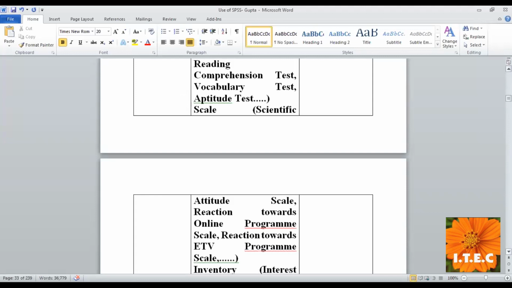Inventory means listing all soups which are available in that particular hotel. Now in the science lab, you have a stock register. And in the stock register, you are entering the name of all the items which are available in that lab. And that is called inventory. So in inventory, you do not have correct answer or incorrect answer. I hope you have understood it.